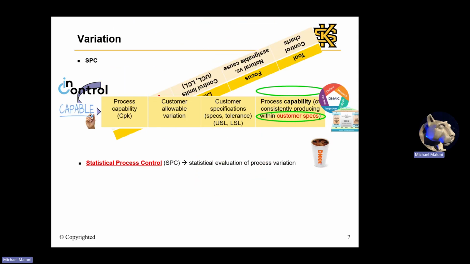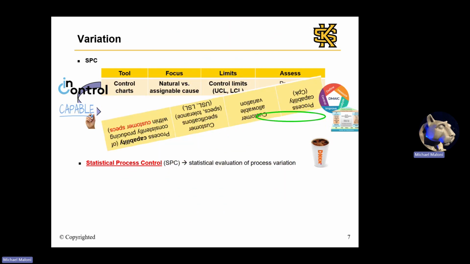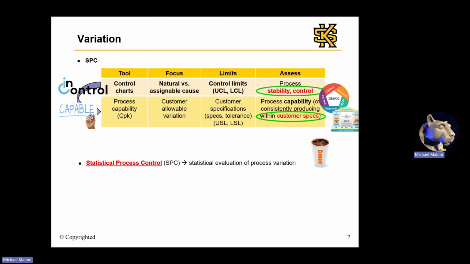That's process control, and we can use control charts to assess this. We then have to figure out if our get ready for work process will then get us to the office consistently on time, not too early and not too late. So here we can apply process capability, CPK, to evaluate this.